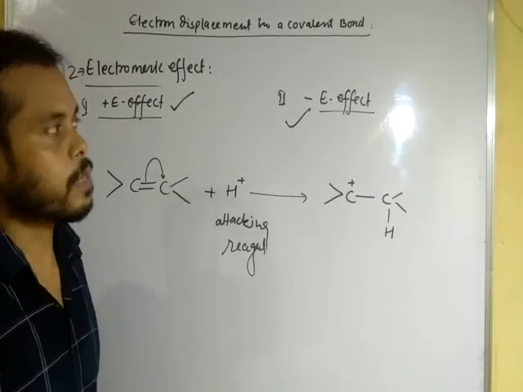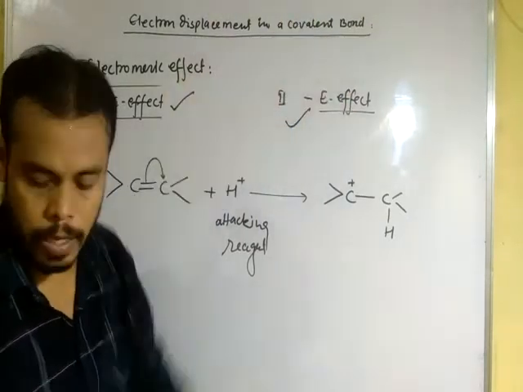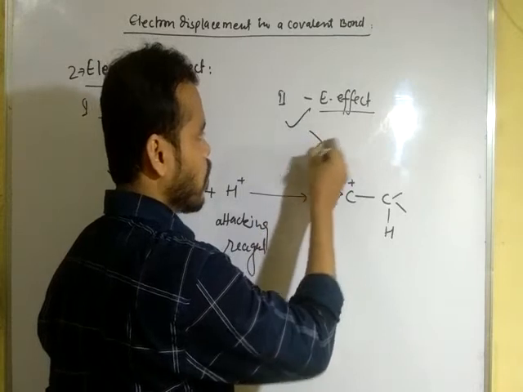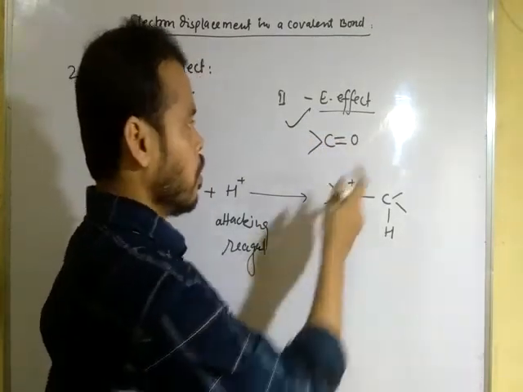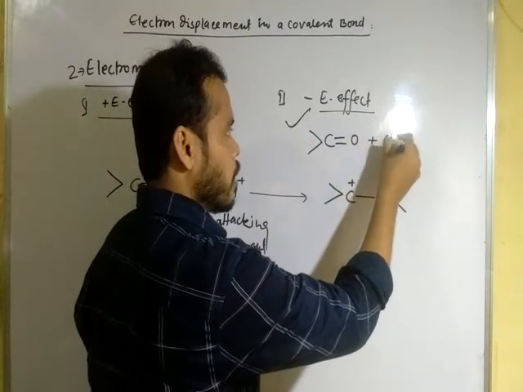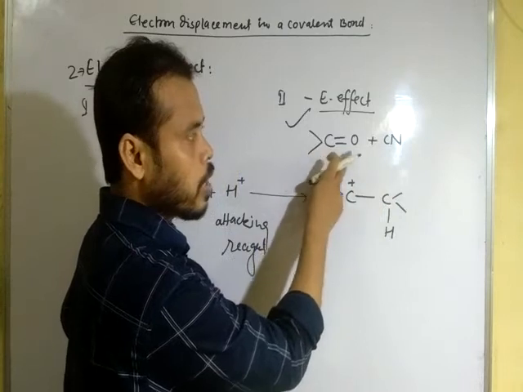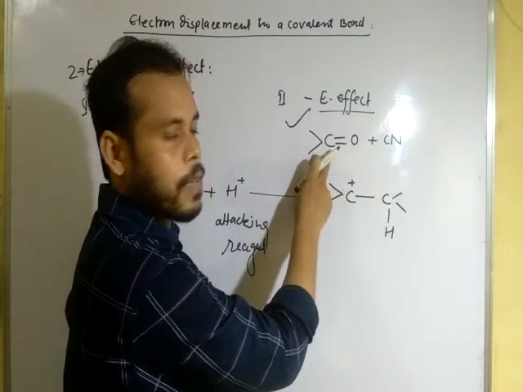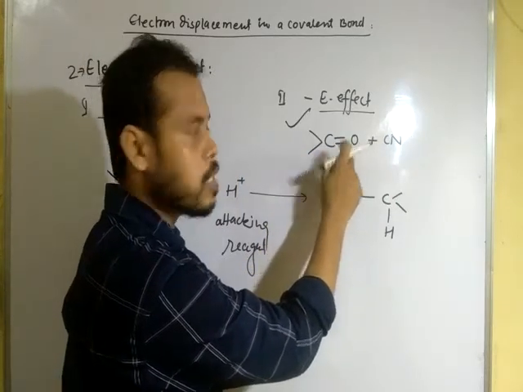Suppose we have a carbonyl group, C double bond O, and the attacking reagent is cyanide. The electronegativity of oxygen is greater than that of carbon, so the electrons will displace towards the oxygen atom.